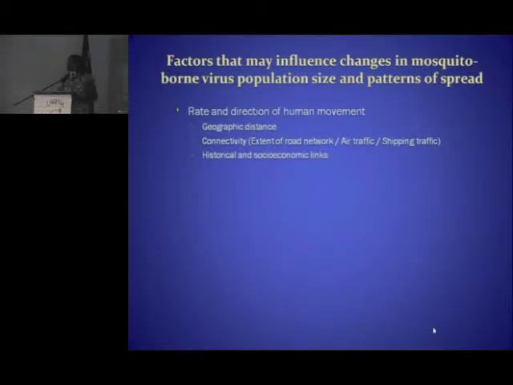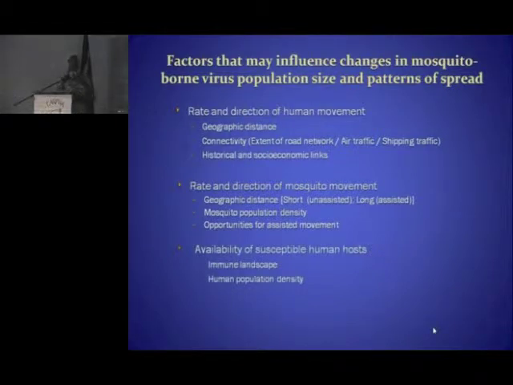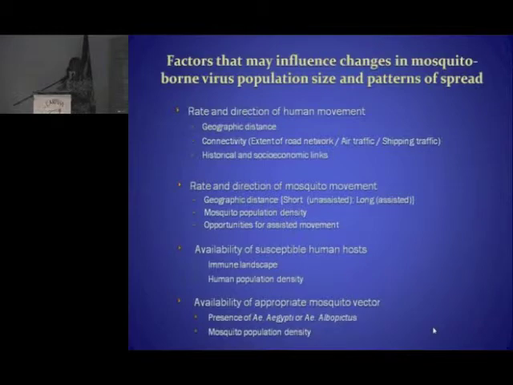So, Jamaica is closer to Puerto Rico than it is to Trinidad, but there's probably more a chance of a virus moving from Jamaica to Trinidad than from Jamaica to Puerto Rico if it's going to be carried by infected humans, because of our links. Then, of course, there's the mosquitoes, rate and direction of mosquito movement, and also the availability of susceptible human hosts. So things like human population density, etc., the immune landscape. And finally, availability of appropriate vectors is obviously an important consideration.